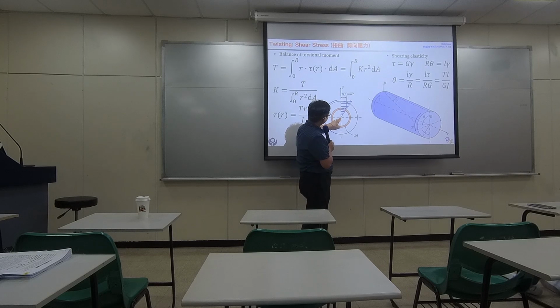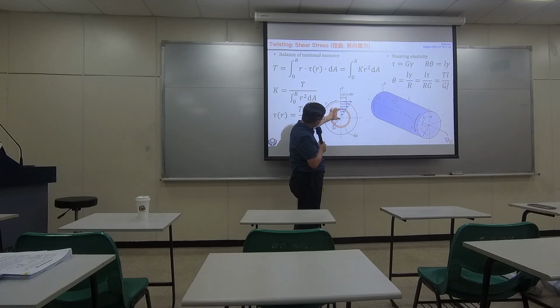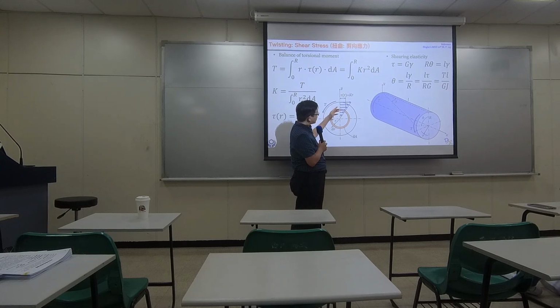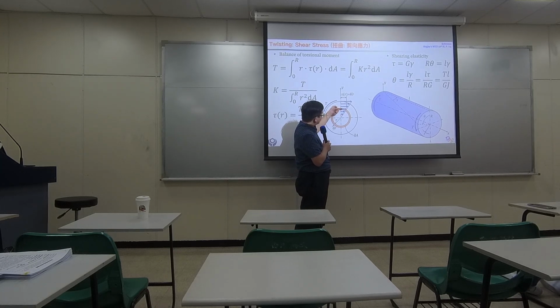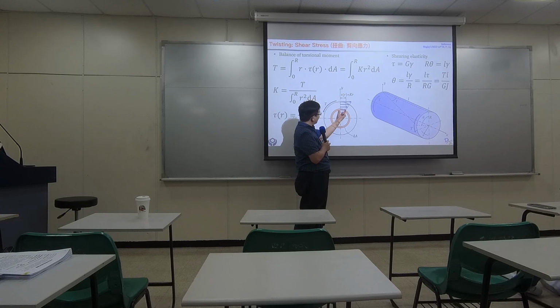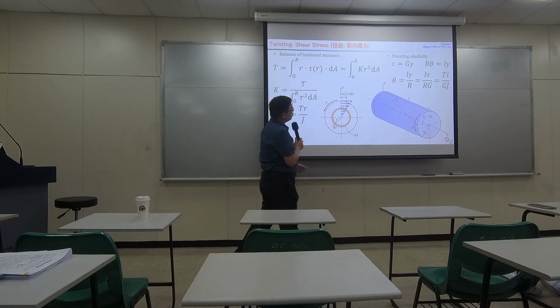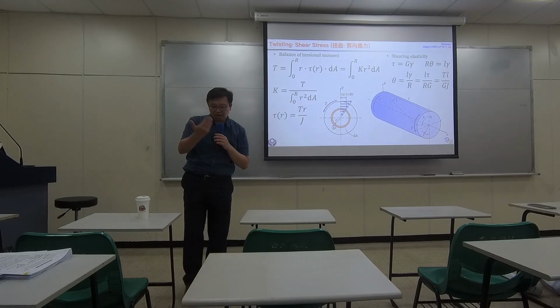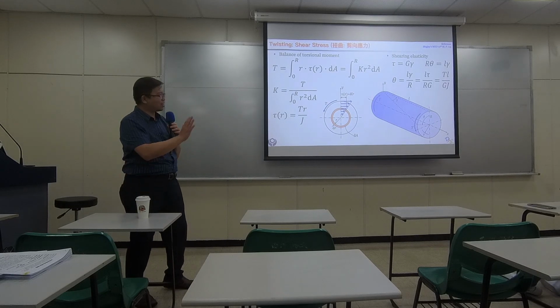So since we assume it's a linear model, we focus on a particular position with a radius r right here, and the stress on the surface going this way is named tau, because it's a stress applied on the surface.